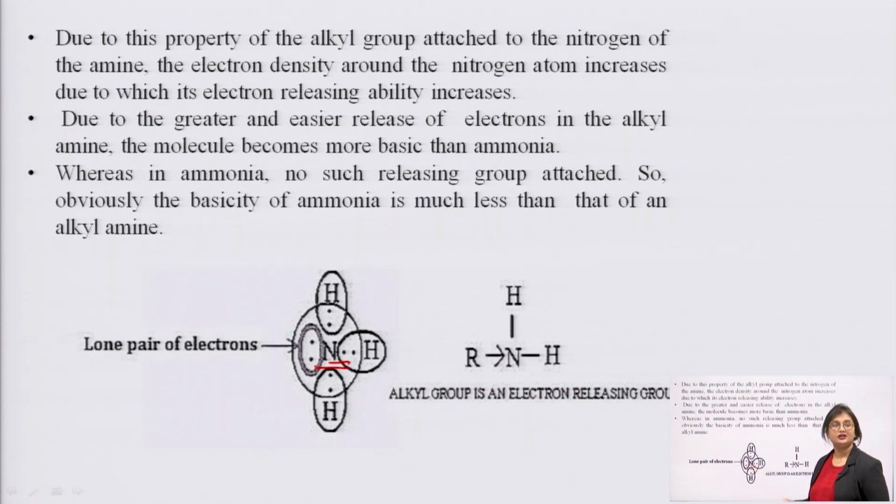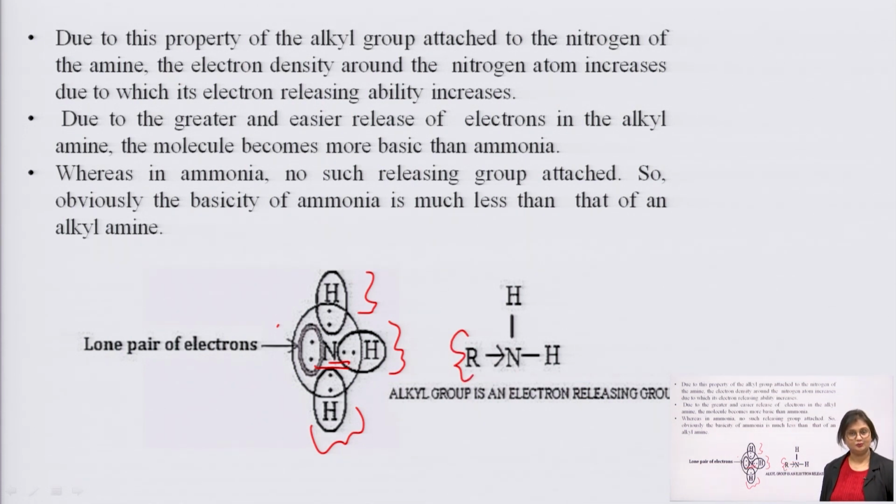In ammonia, the nitrogen atom is attached to hydrogen atoms. Whereas, in primary amine, the nitrogen atom is linked to an alkyl group.